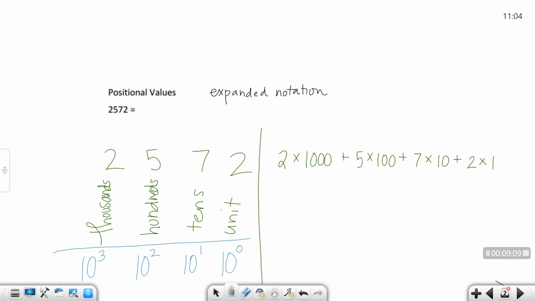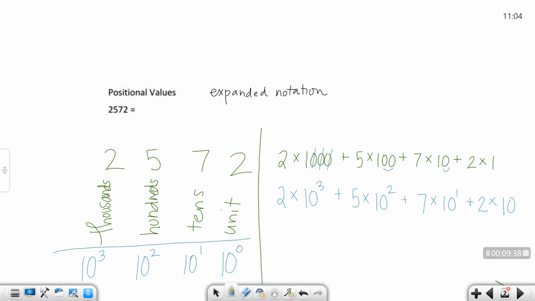So if we wrote this in the expanded notation, it would be 2 times 10 to the third. You'll also notice that it's 10 to the third because it has 1, 2, 3 zeros. This would be 5 times 10 to the second. It has 2 zeros. 7 times 10 to the 1, it has 1 zero, and 2 times 10. You'll say, but wait a second, it's not times 10.